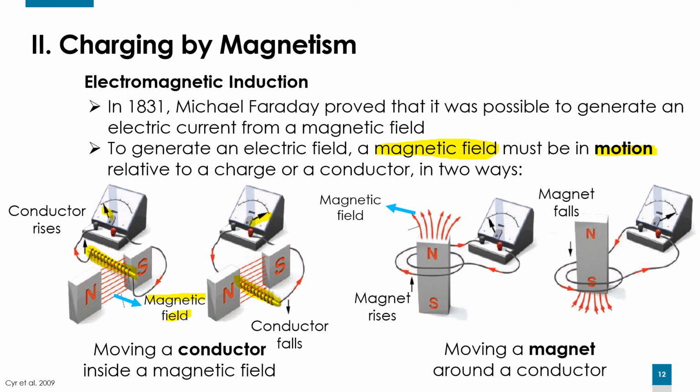When I do that, I create electric current. So here we are doing the opposite: creating electric current from a magnetic field. I can do that by moving my conductor up and down, or by moving my magnet itself.